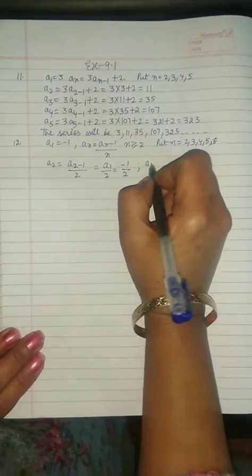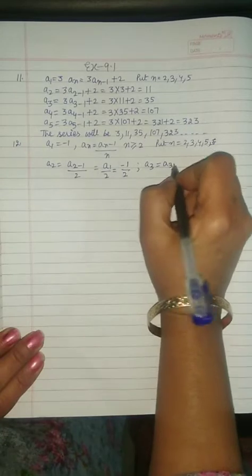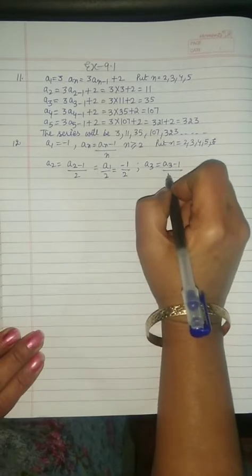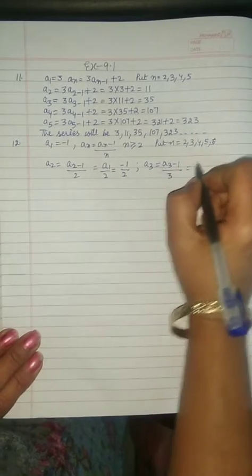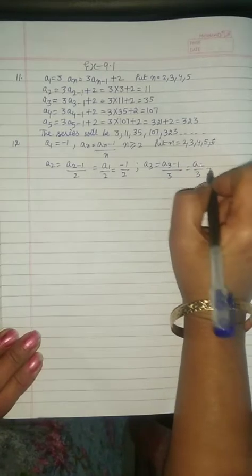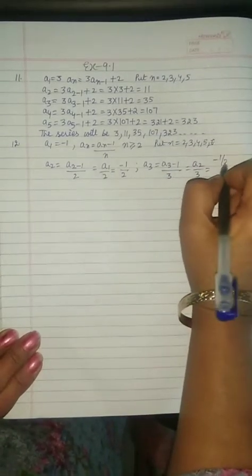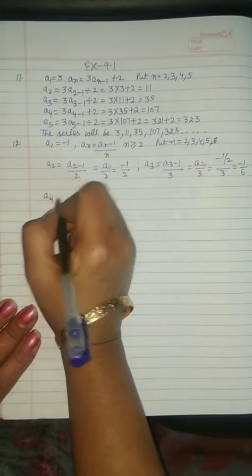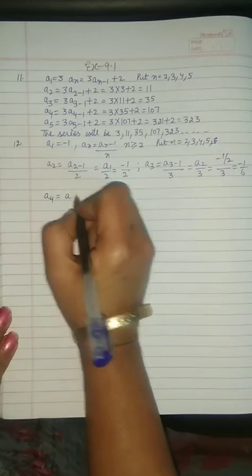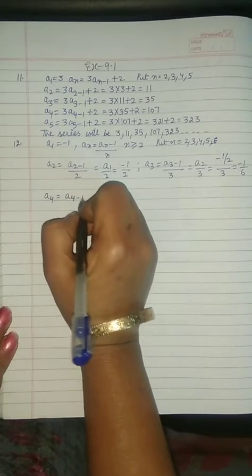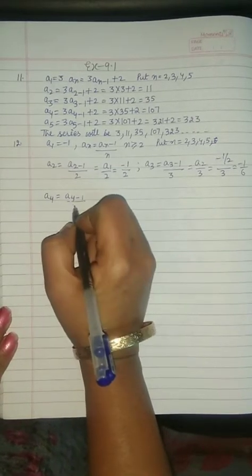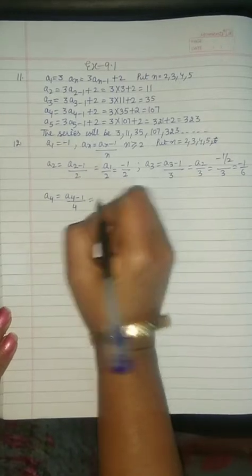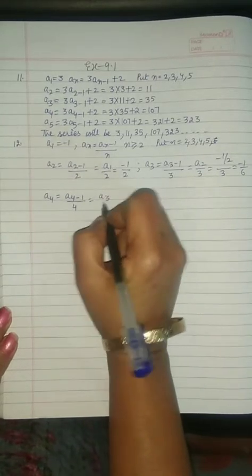Then next a3 will be a_(3-1) upon 3. Now a_(3-1) is a2 by 3. a2 is minus 1 by 2 upon 3, which will become minus 1 by 6. Then we will find a4. Now a4 is a_(4-1) upon 4, which is a3 by 4.